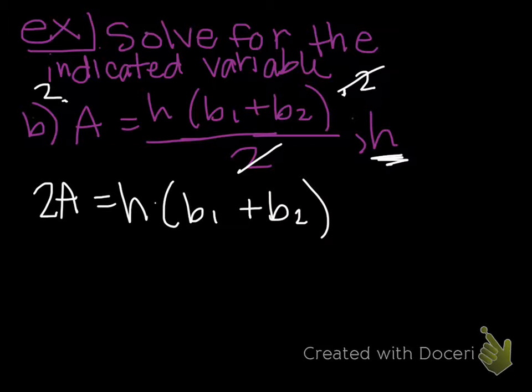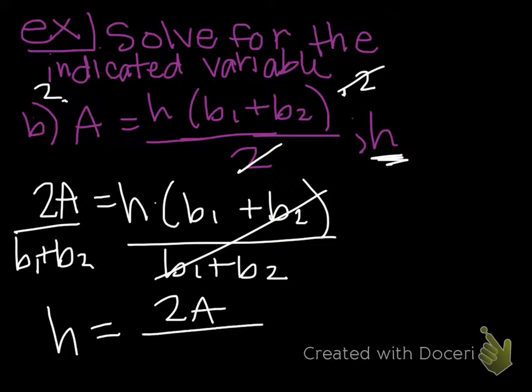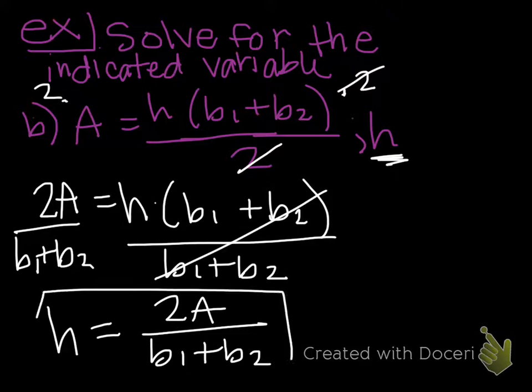So if I want h to be by itself, the opposite of multiplication is division. So I'm going to divide both sides by this entire quantity of b1 plus b2. So they are canceling. Now I have h by itself, so h equals 2a over b1 plus b2.